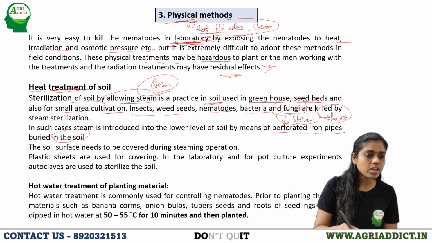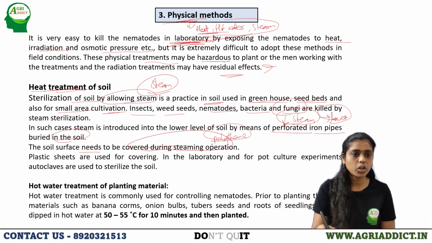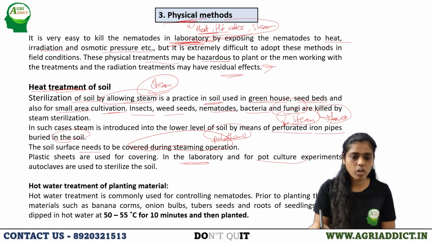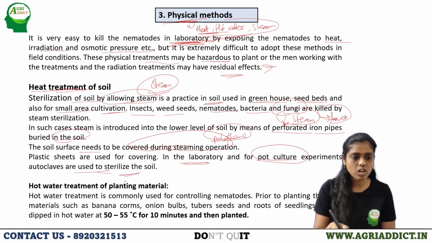The soil surface, while going for steam sterilization, has to be covered with a polythene sheet, in order to make this method very effective. And in laboratory methods or for pot culture experiments, autoclaves will be used in order to sterilize the soil.